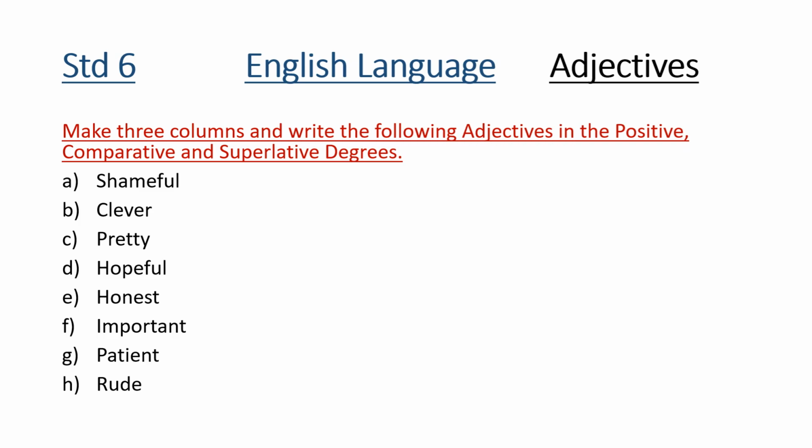So what can be the comparative and superlative degree of shameful? It should be more shameful, most shameful. Similarly, clever, cleverer, cleverest. Right? Pretty, prettier, prettiest, or you can also write more pretty, most pretty. So in that way, you need to write all these.